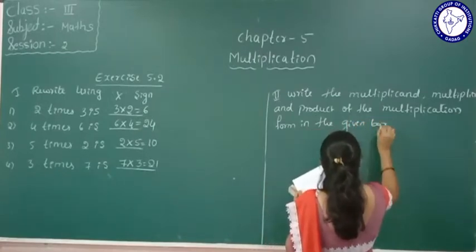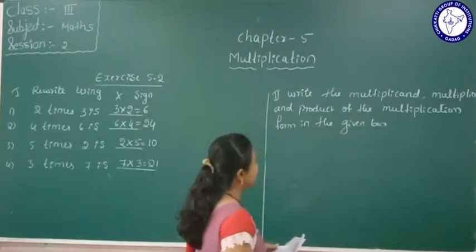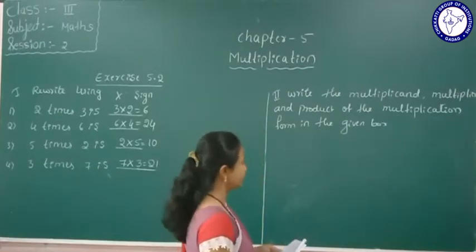Okay, see students, what we will write here. So multiplicand, multiplier and product of the multiplication.